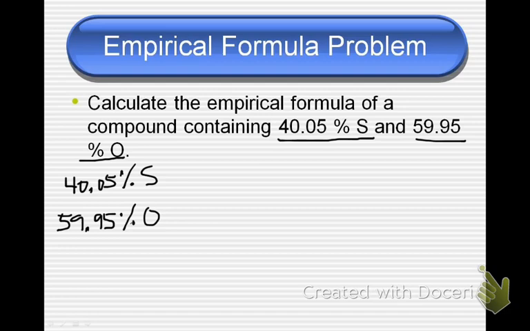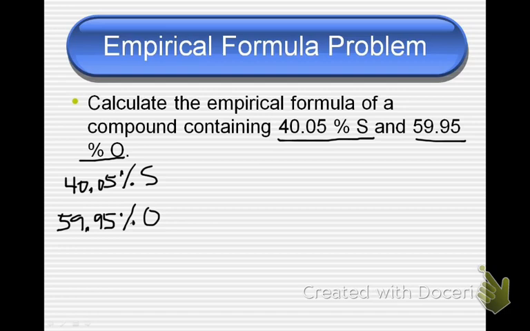So step number 2 is to change percent to grams if it's not given to us in grams already, and it is given to us in percent, so we need to convert that over to grams. This is the easiest step. So let's say, for example, let's just throw a number out there, 100 grams. We've got 100 grams of this unknown compound.